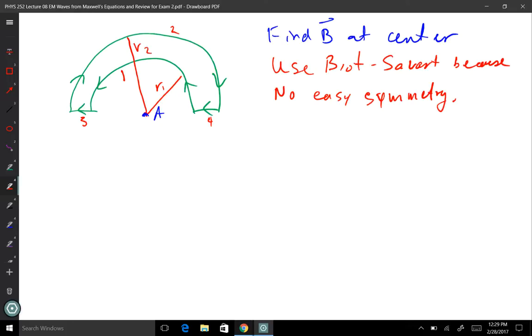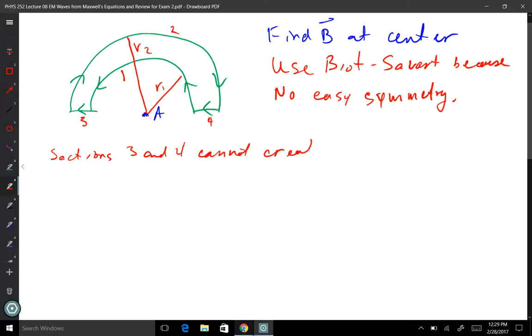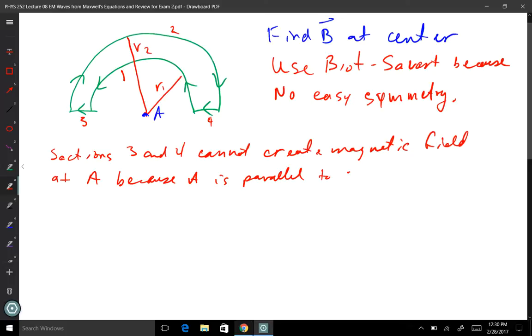No. So we established that sections 3 and 4 cannot create magnetic field at A because A is on axis parallel to them, right? There is going to be magnetic field here due to 3, but not on the axis because it's doing circular loops.